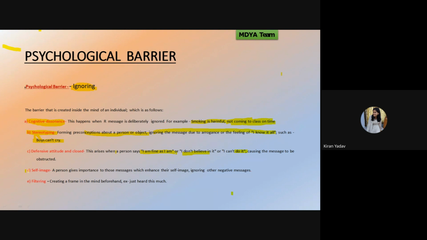Then after this is self-image. A person gives importance to those messages which enhance their self-image, ignoring other negative messages. Some people have a self-image about themselves, that they are this type of person.